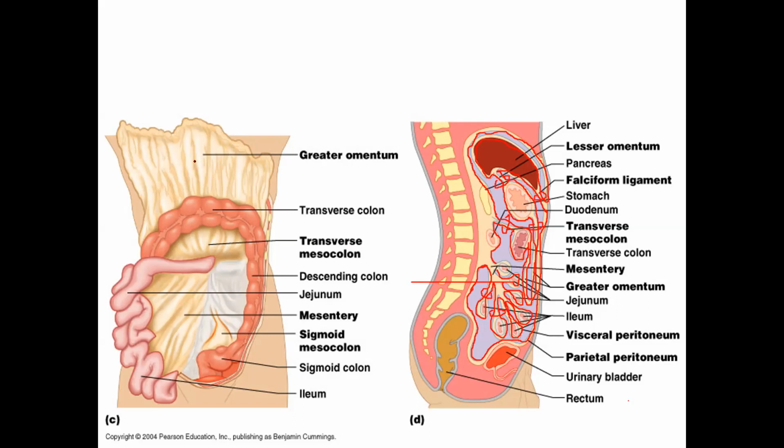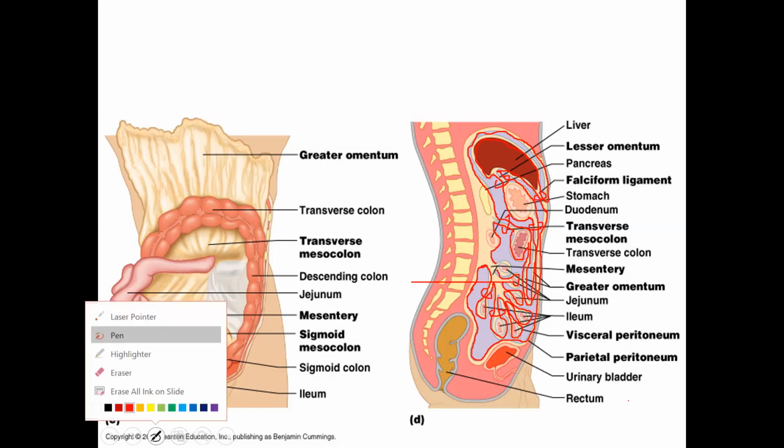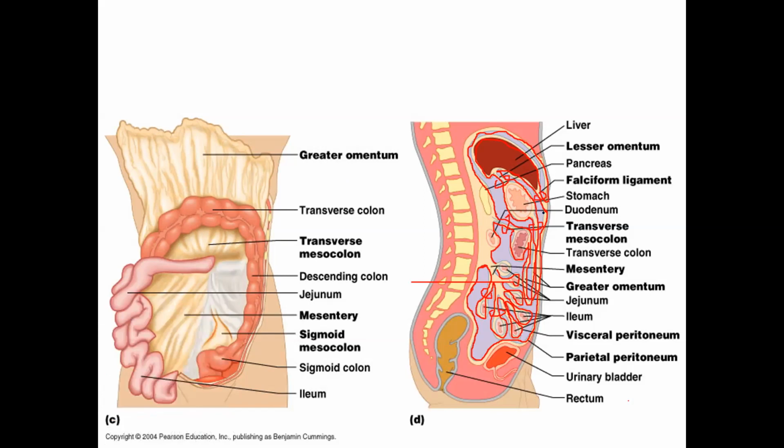So if you look at this part, this is the transverse colon. So what is this part? This is the membranous structure. If you see from the sagittal cut, it is this part. Let me use a different color. Okay, so it is this part.